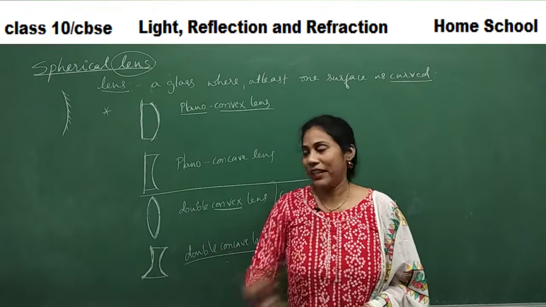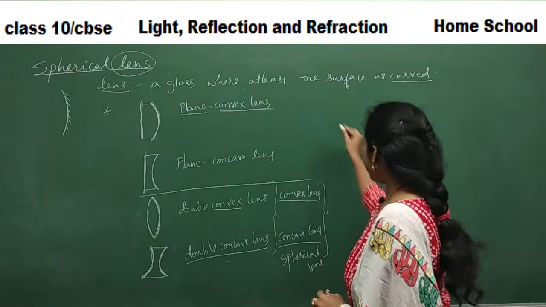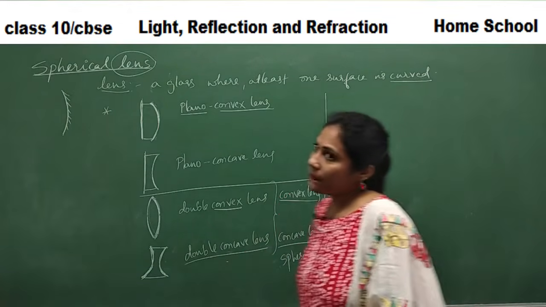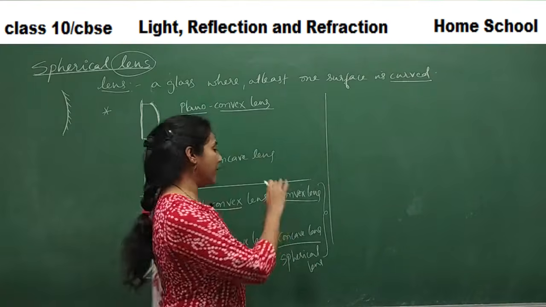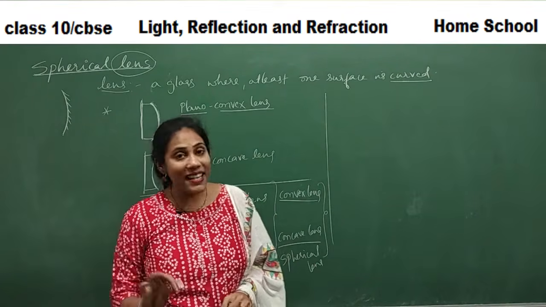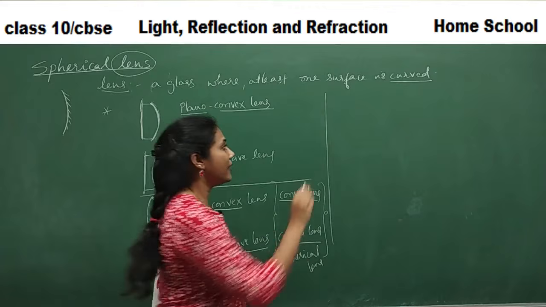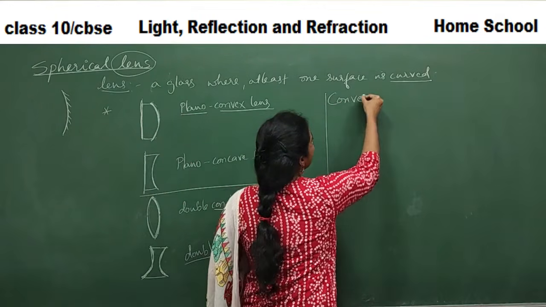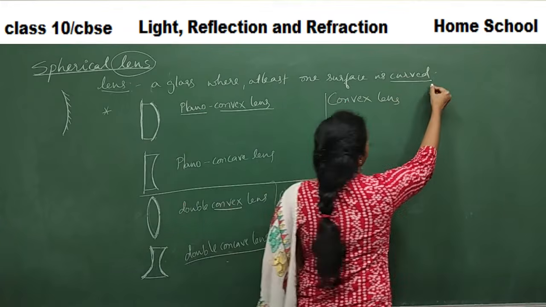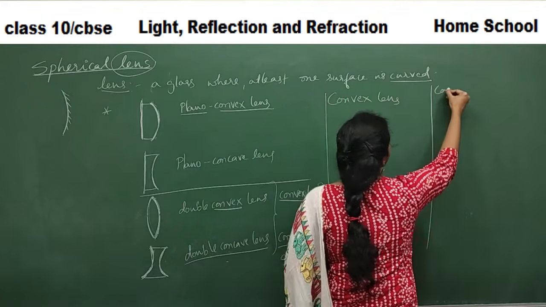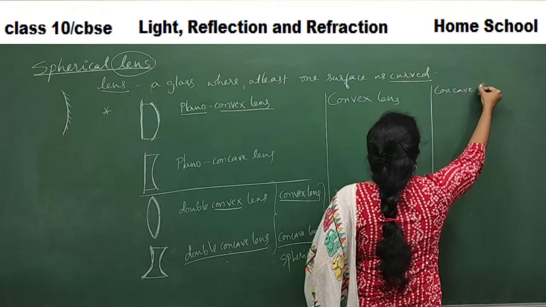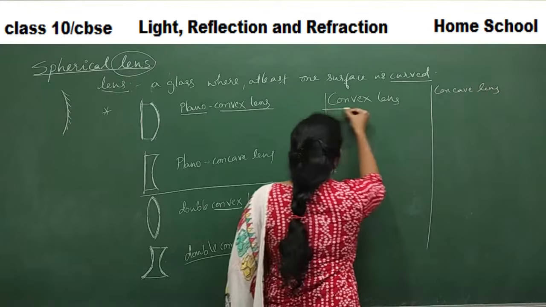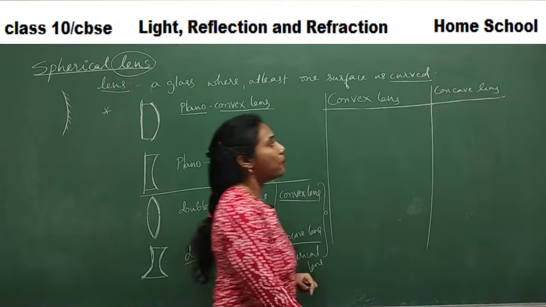Everybody? Fine. And next thing I would like to talk about is, let us see the difference between convex lens and concave lens. Clear? So let me write the differences between convex lens and concave lens. You can note it down in your book. Knowing these differences is actually very, very important.